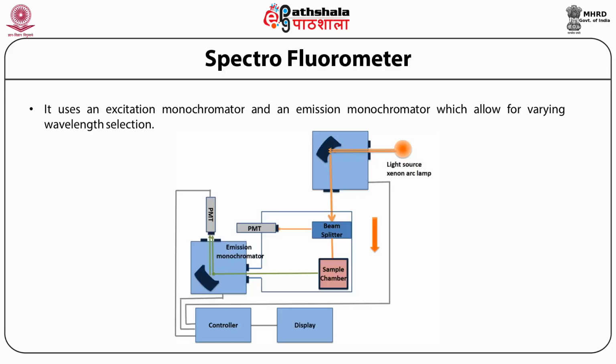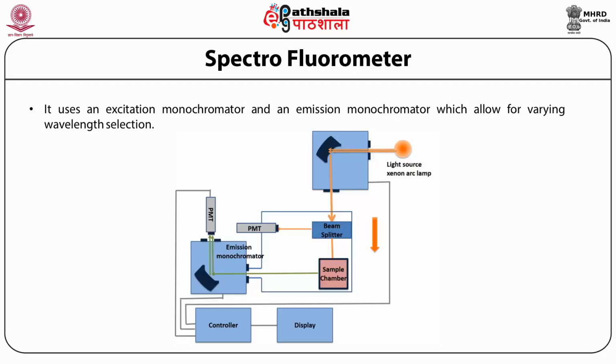For research purposes, the spectrofluorometer with optical sensitivity and specificity, containing monochromators with continuous variable slits and a broad wavelength range of 200 nanometer to 1000 nanometer, have been preferred.